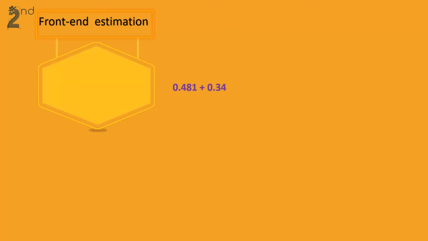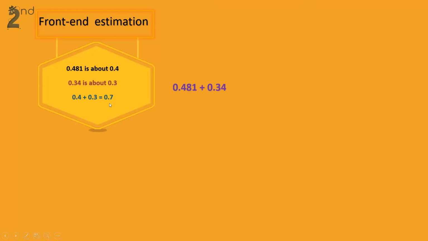Second strategy, front-end estimation. 0.481 plus 0.34. We know that in front-end estimation, we will choose the first digit. So 0.481 is about 0.4, and 0.34 is about 0.3.